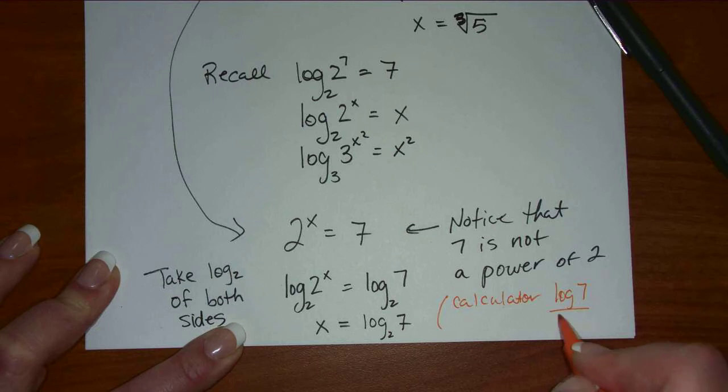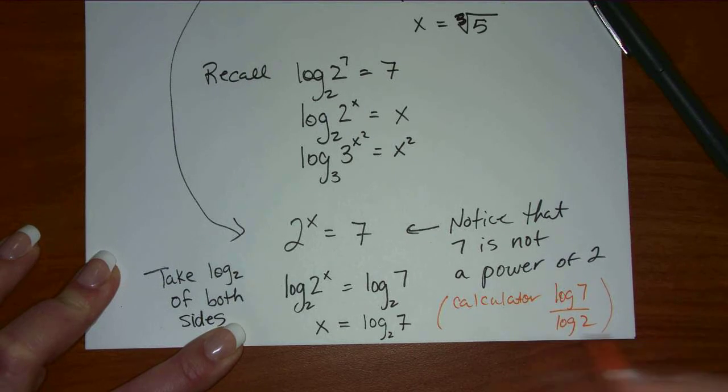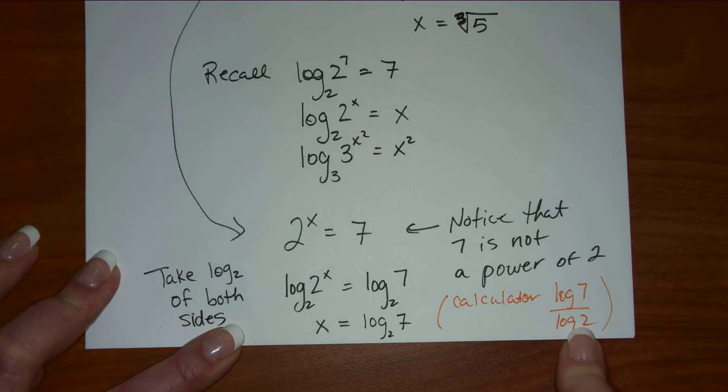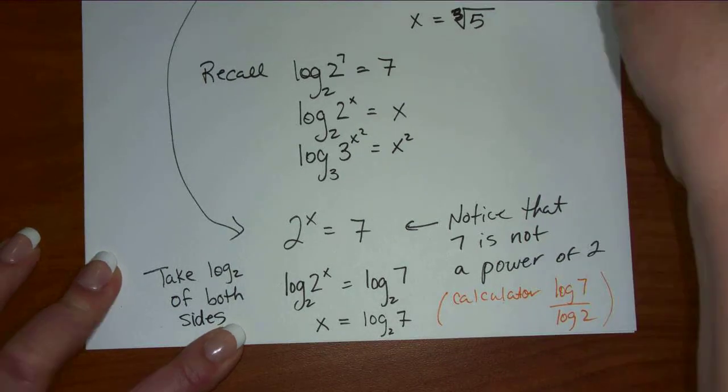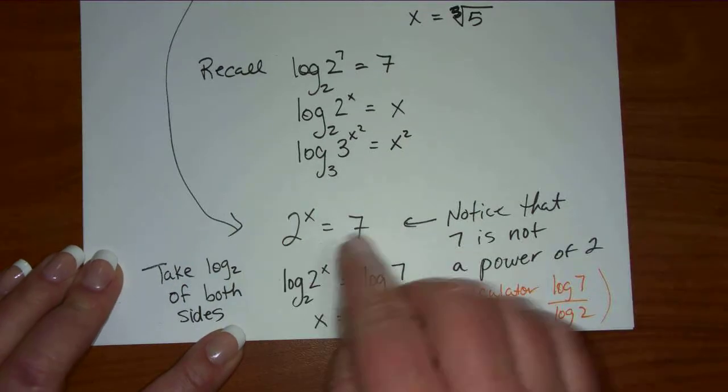Okay, so if on the final exam, for instance, I said estimate the value of this, you couldn't do that. You would have to figure out what two whole numbers it's in between and do it that way. Okay, so that's how to solve exponentials that don't work nice. You take the log of both sides.